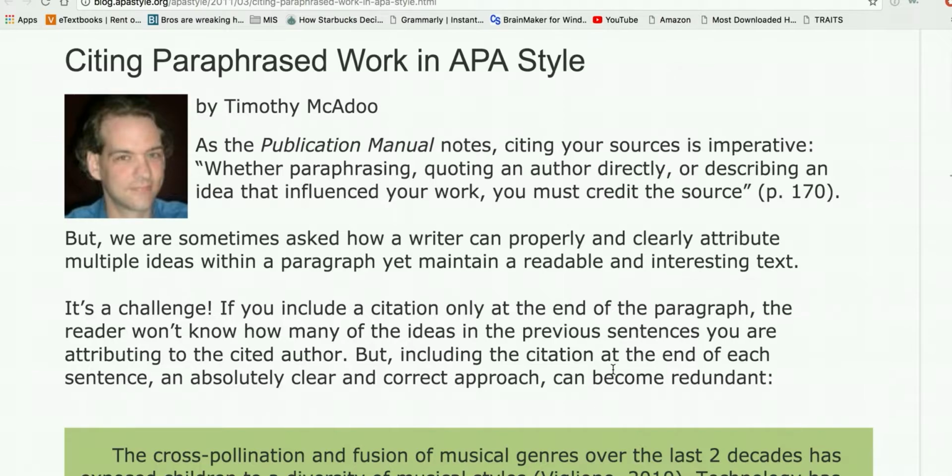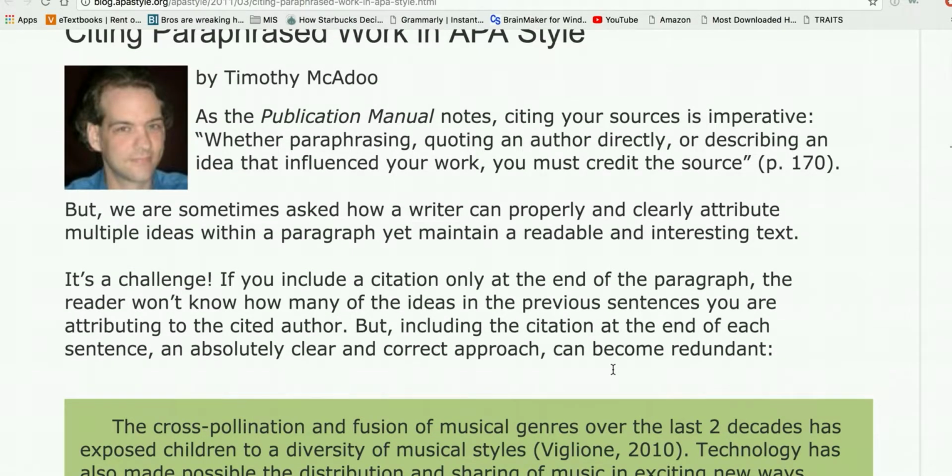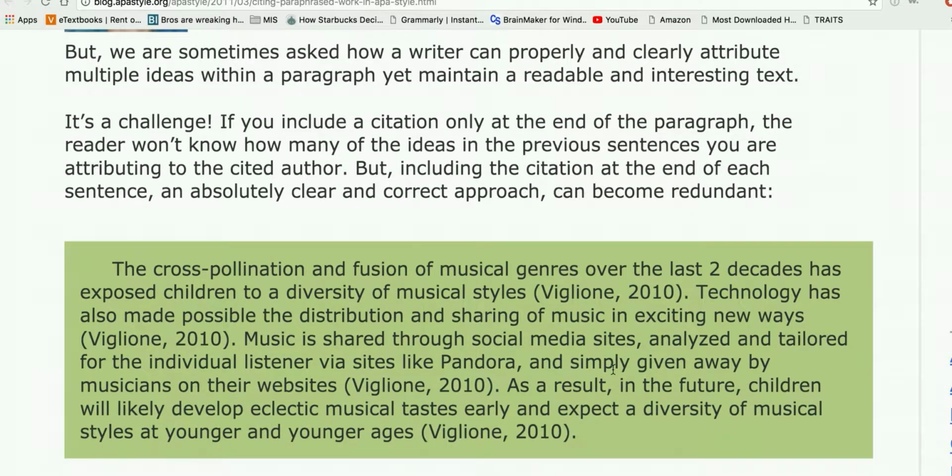But he says this is a challenge. If you include the citation only at the end of the paragraph, the reader won't know how many of the ideas in the previous sentences you are attributing to the cited author. But including a citation at the end of each sentence, an absolutely clear and correct approach, can become redundant.